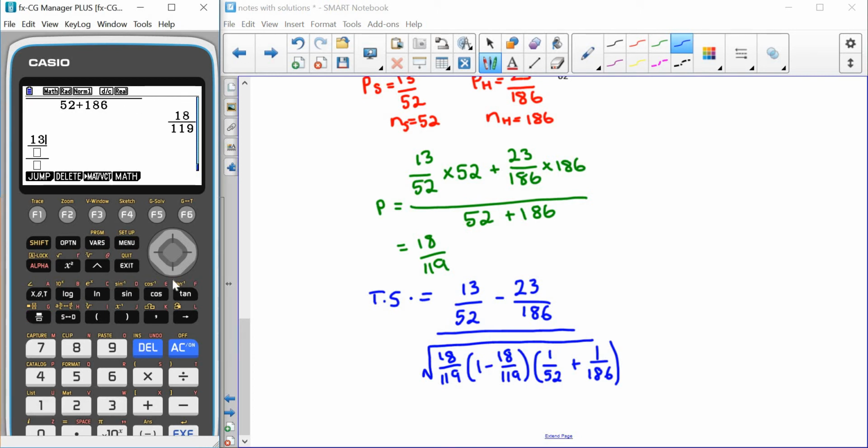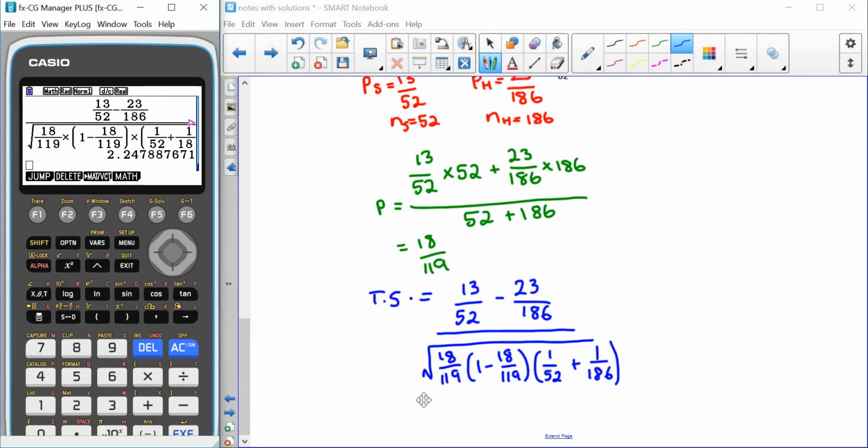We don't need to work out the denominator separately if you don't want to. So we've got 13 out of 52 minus 23 over 186, divided by the square root of 18 over 119 times, in a bracket, 1 minus 18 over 119, times 1 over 52 plus 1 over 186.